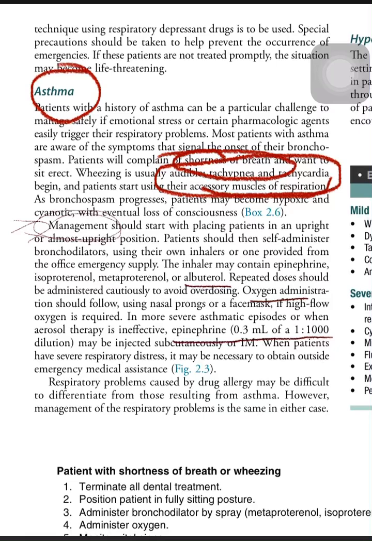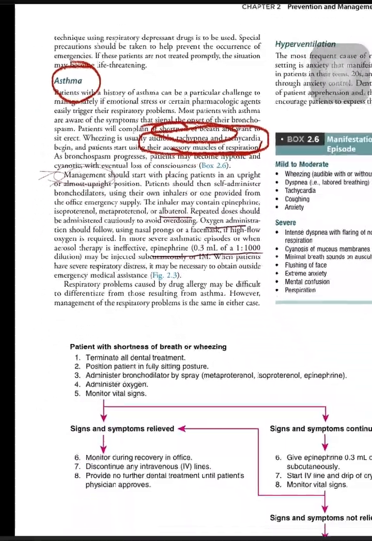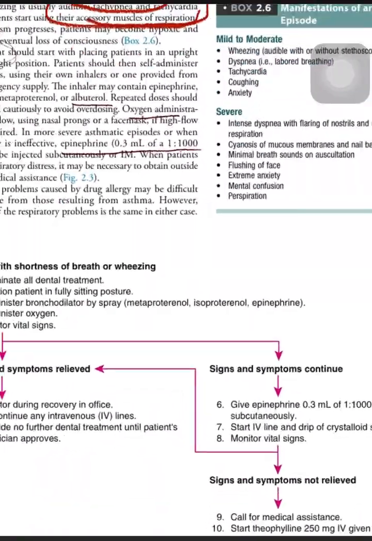We have to take care of this and monitor his or her vitals closely. If there is still no improvement, prepare for emergency transfer. Severe attacks can lead to full respiratory arrest, so we can't let the patient go that far.